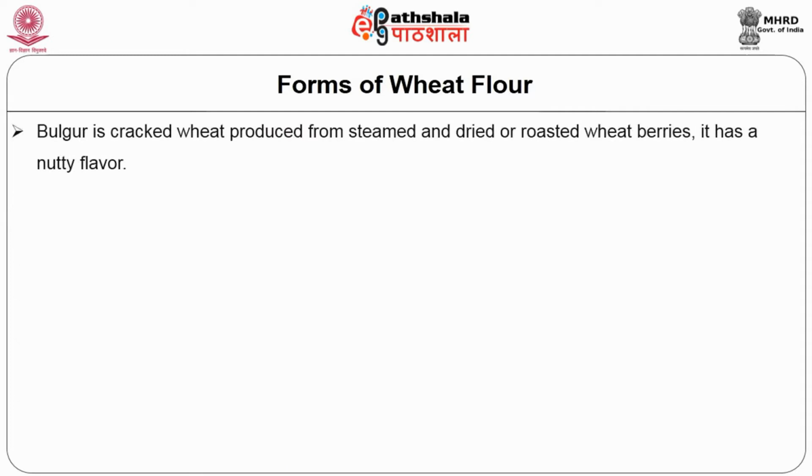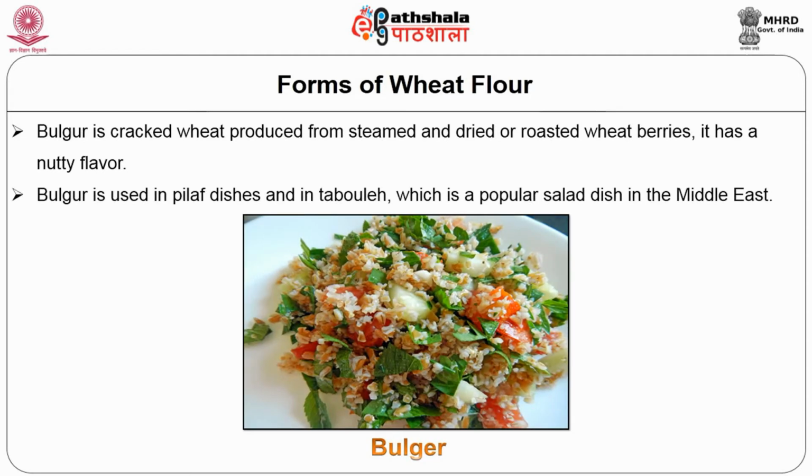Bulgur is a cracked wheat product from steamed and dried or roasted wheat berries. It has a nutty flavor. Bulgur is used in pilaf dishes and in tabbouleh, which is a popular salad dish in the Middle East.